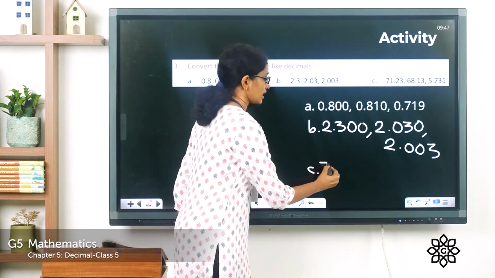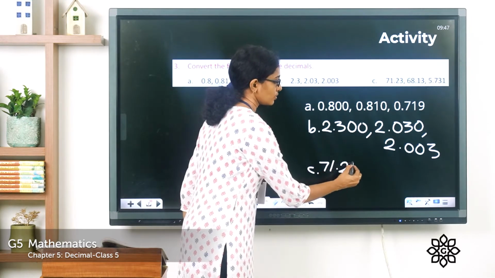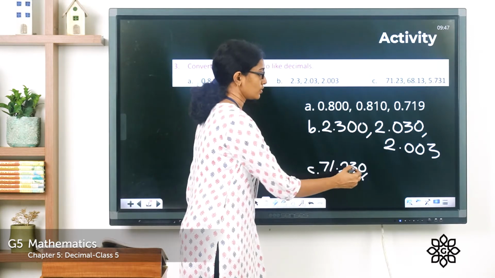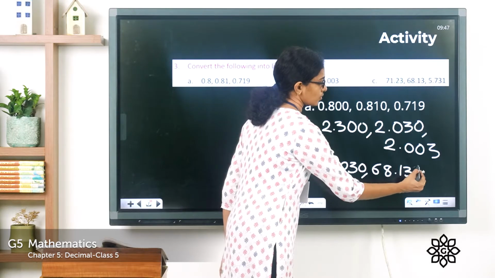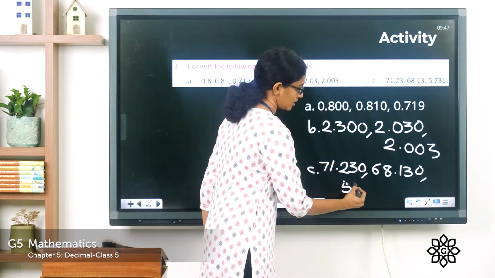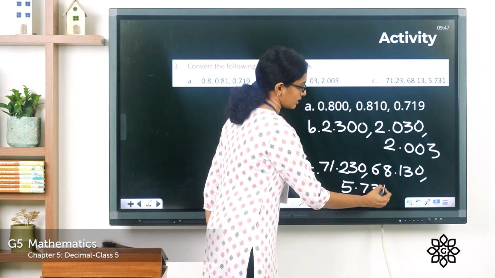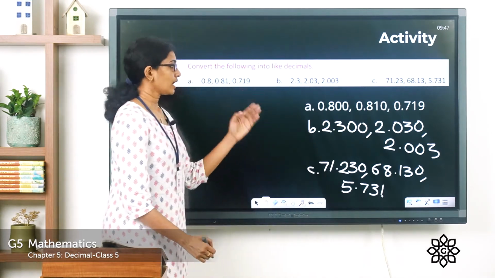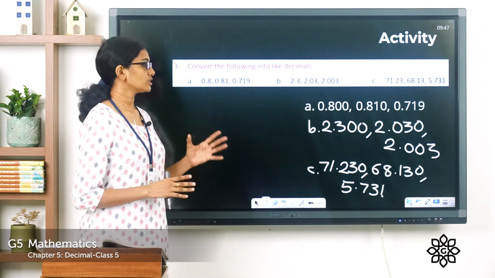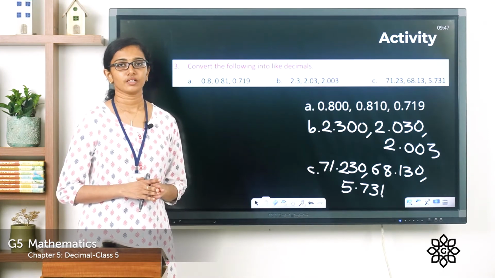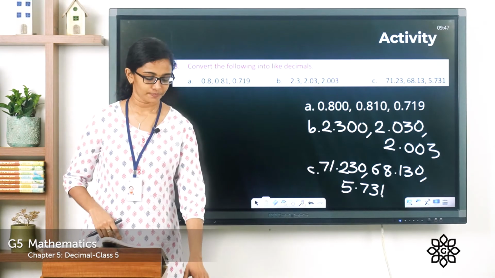So it is 71.230, 68.130 and then 5.731 as it is. So now we have converted the given set of decimal numbers into like decimals. I hope you are clear with this now.